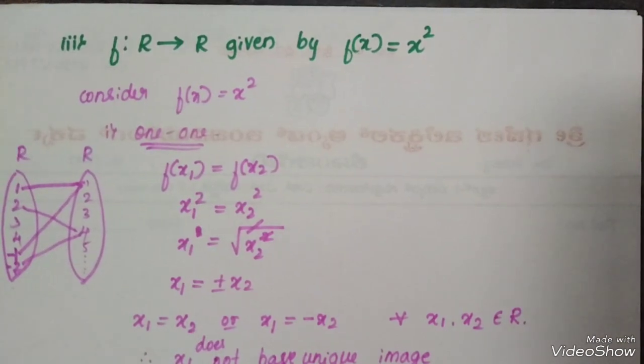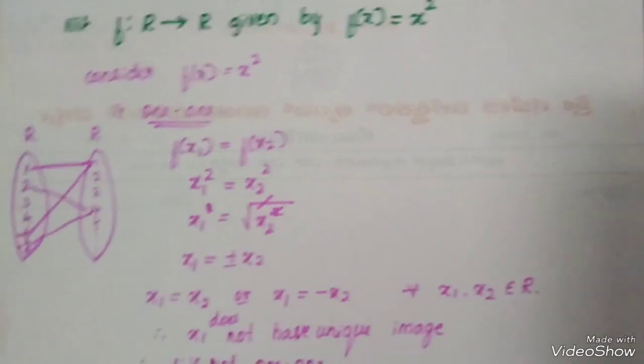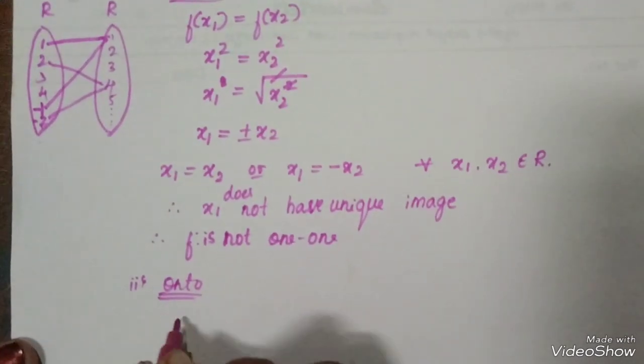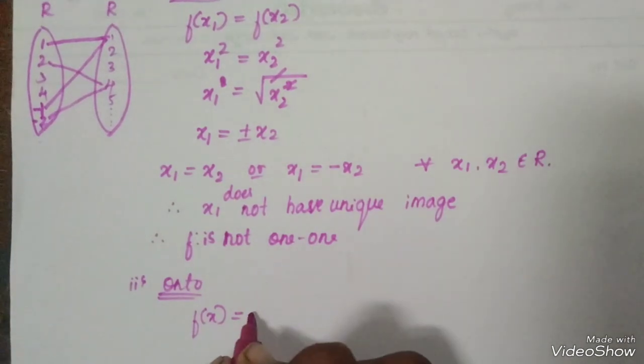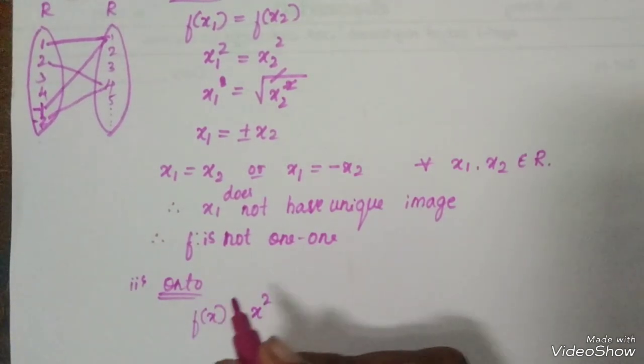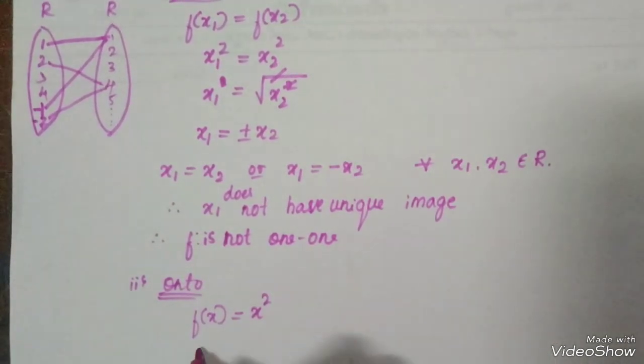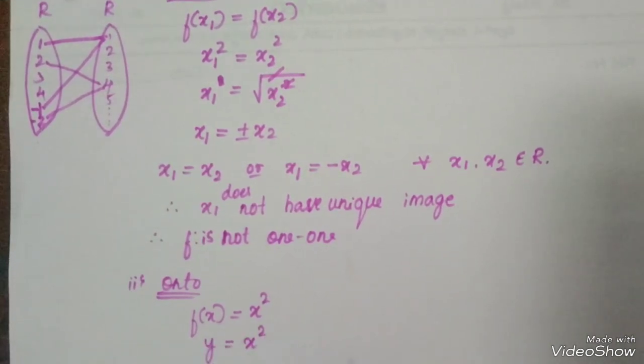While checking the onto condition, here f of x equals x square. Substitute or replace f of x by y. Y equals x square. Solve for x: x equals plus or minus root y.